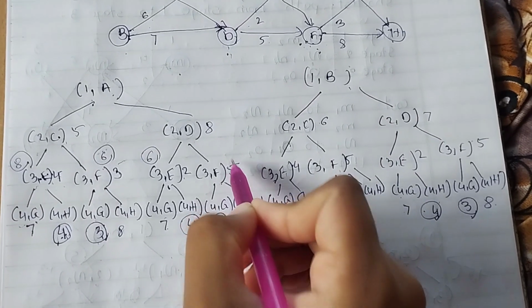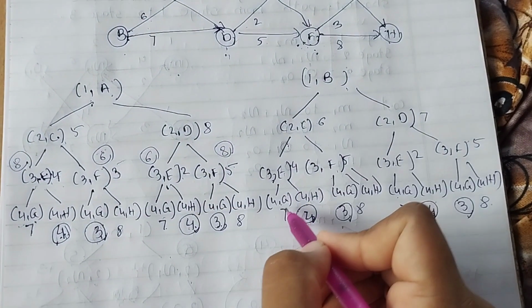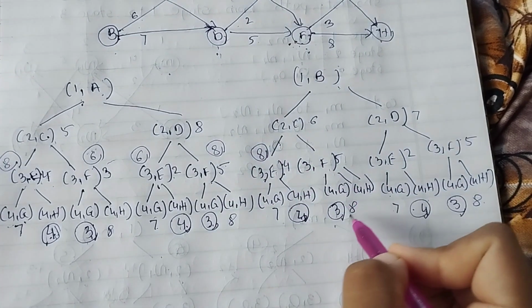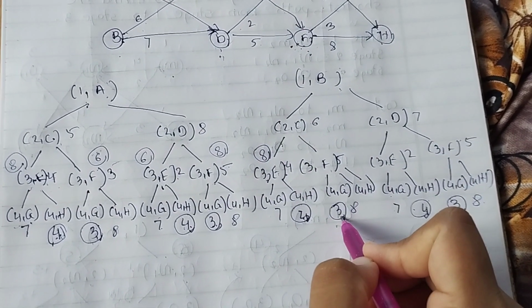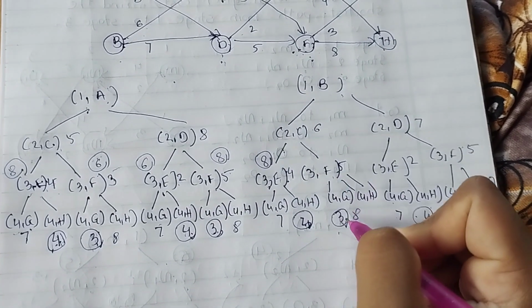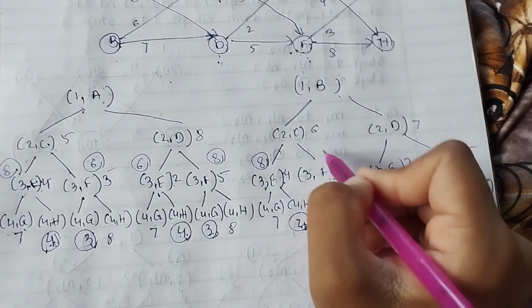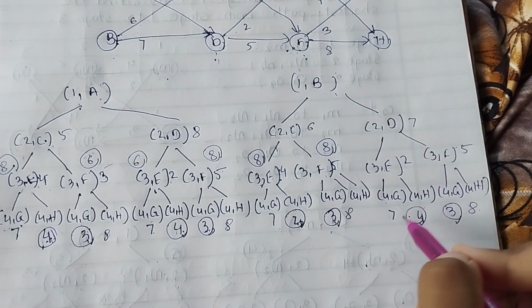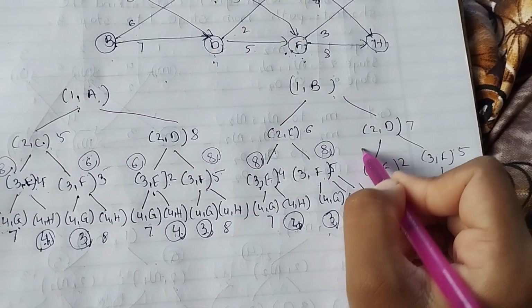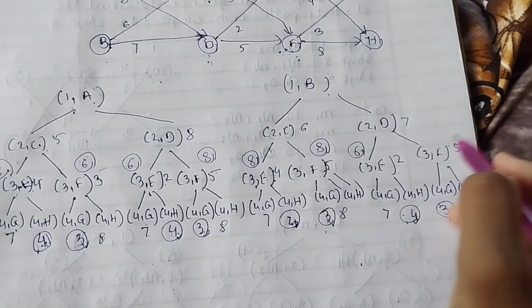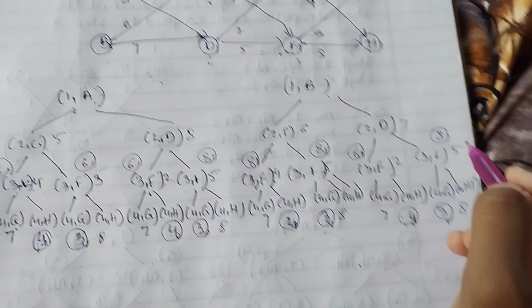Now 3 transfer up. So 3 plus 5 we get 8. 4 plus 4 8. Then 3 plus 5. This 3 is the smallest, value of this bracket is 5. So 3 plus 5 8. Now 7 plus 2 6. 4 plus 2 6. 3 plus 5 8.